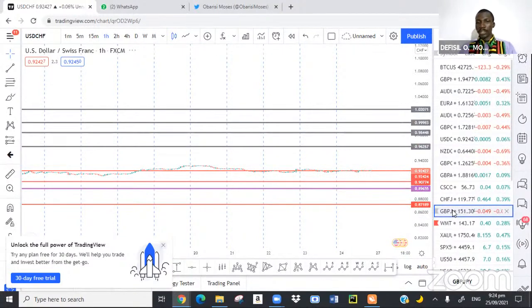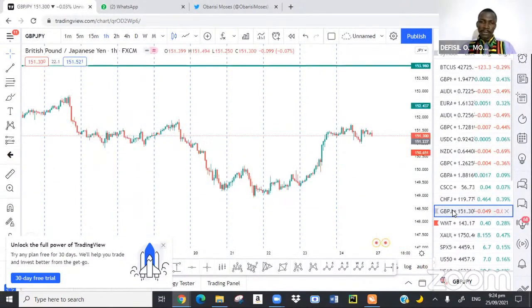Let's look at GBPJPY, that is the pound yen.